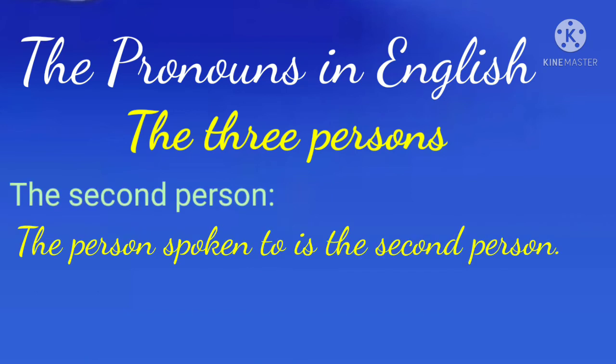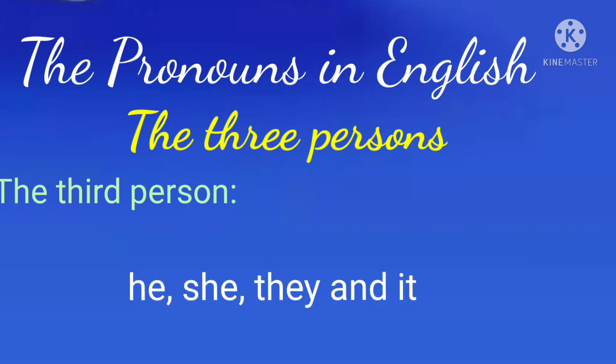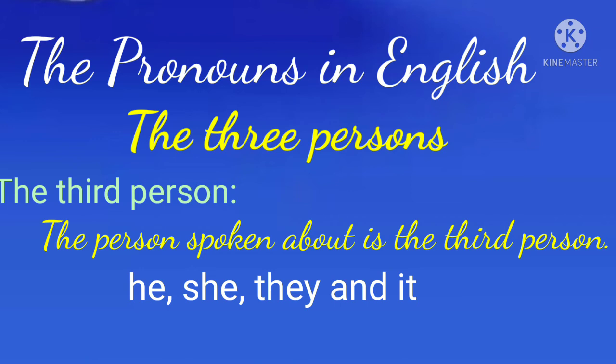The person spoken to is the second person. The word you is the only second person in English. It is used to refer to both masculine and feminine nouns. Then he, she, they, and it are the third persons. They are the persons spoken about.